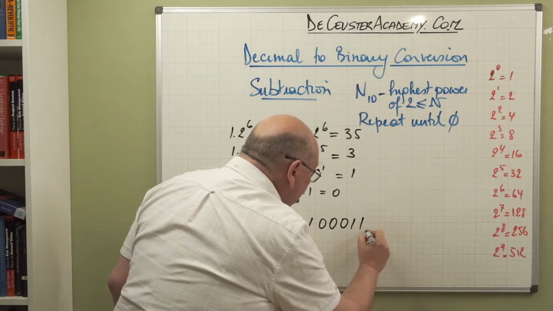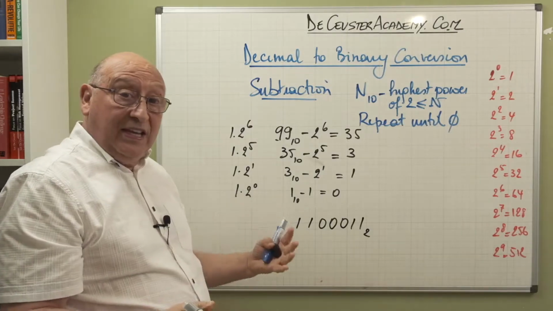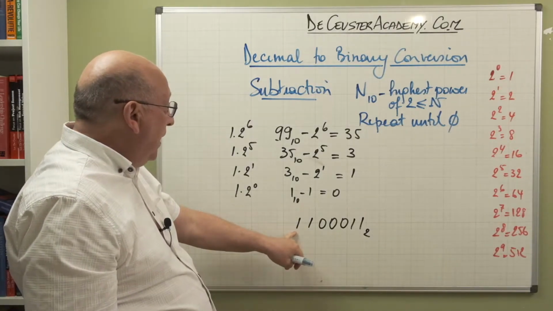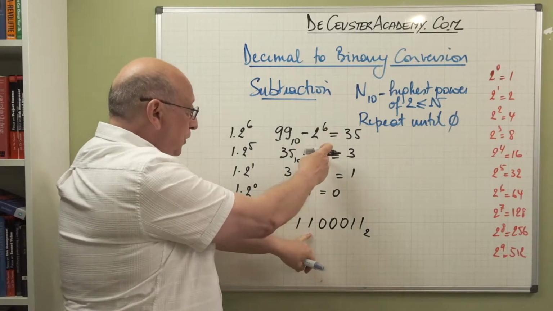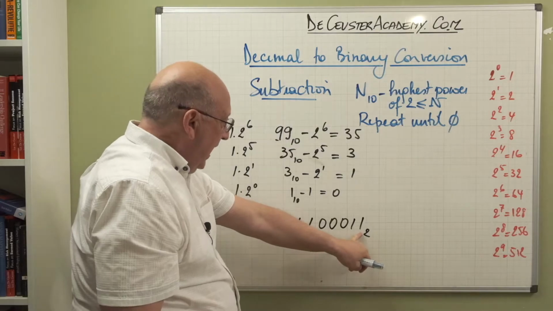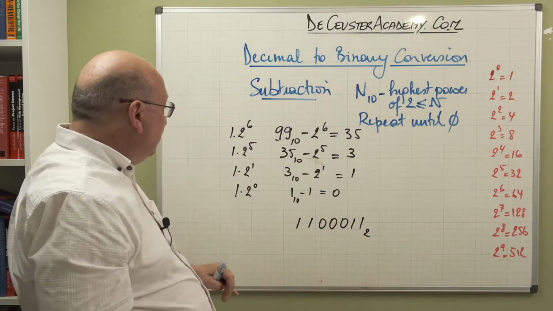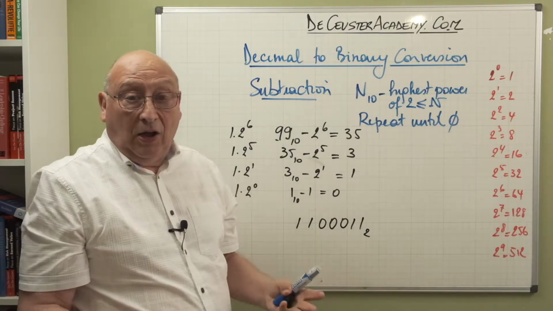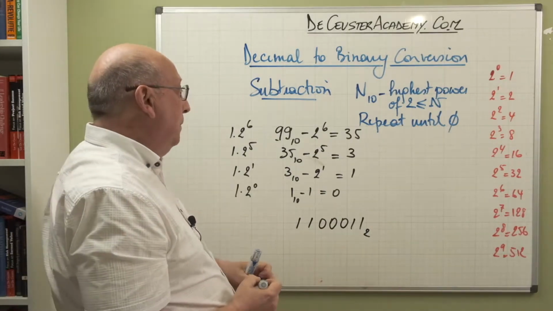And this is base 2. Now we can verify how it works. Basically we have 2 to the power 6 plus 2 to the power 5 plus 2 to the power 1 and 2 to the power 0. So that's the first number that we used as an example.